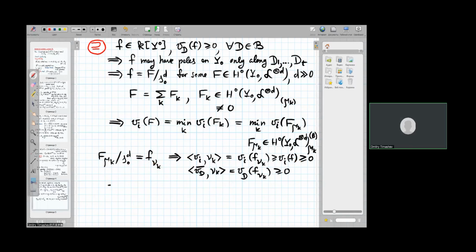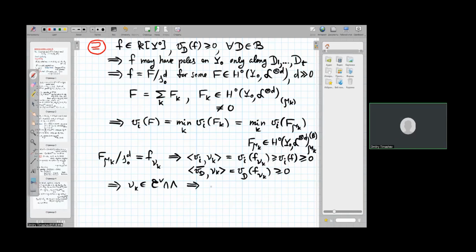In other words, this means that this eigenweight sits in the dual cone C check, and of course it is a lattice vector. It sits in this semigroup. But we know that the semigroup of lattice vectors in C check is generated by lambda 1, ..., lambda n.